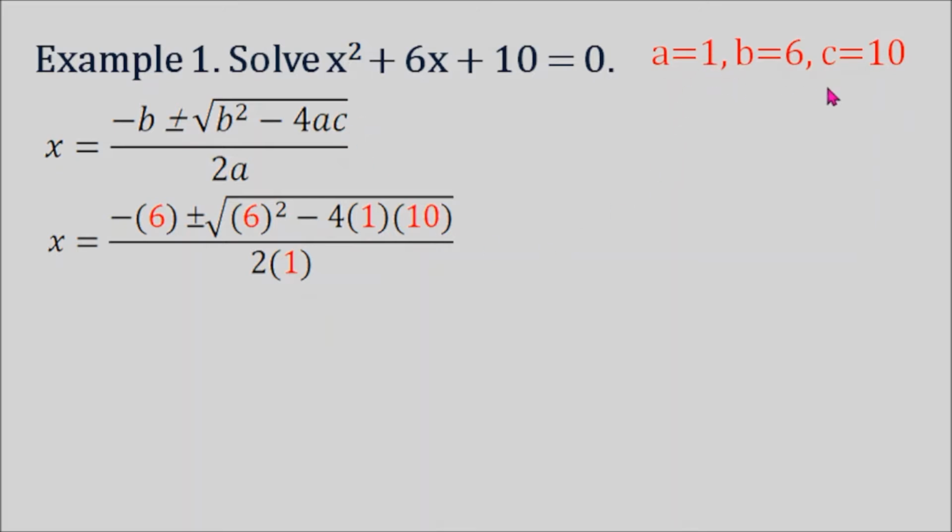A is 1, c is 10. So we have negative 4 times 1 times 10 all over 2 times a. So 2 times 1.